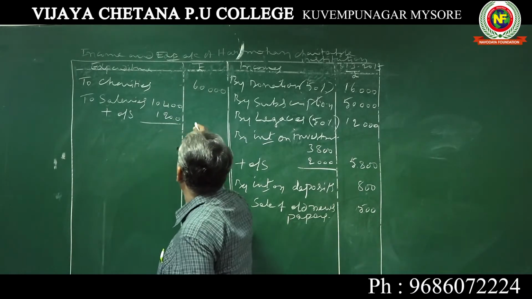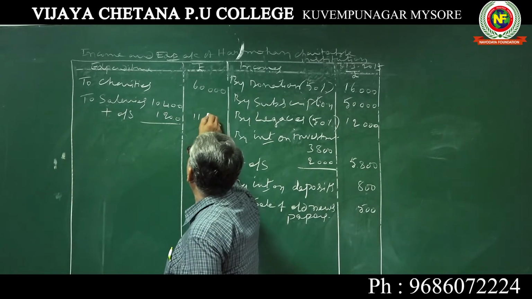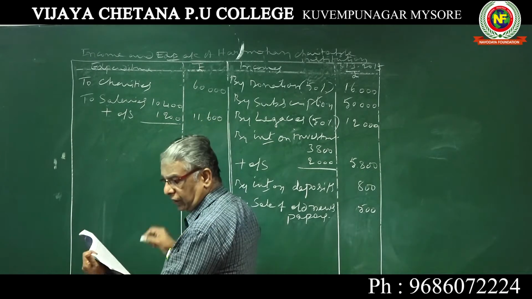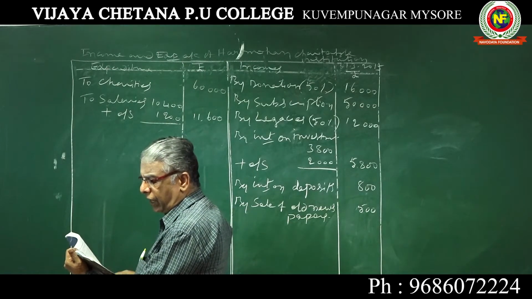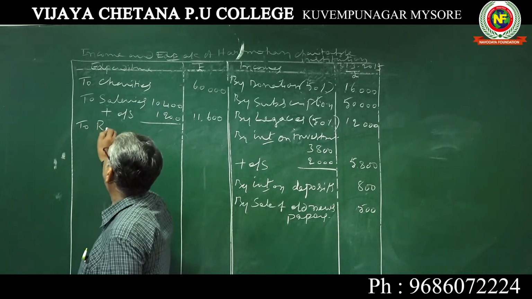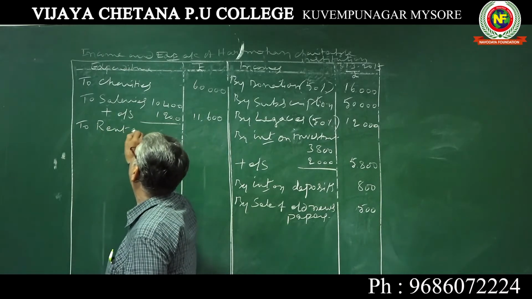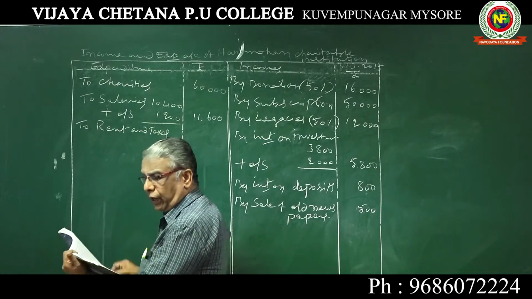Total comes to 11,600. And then rent and taxes.